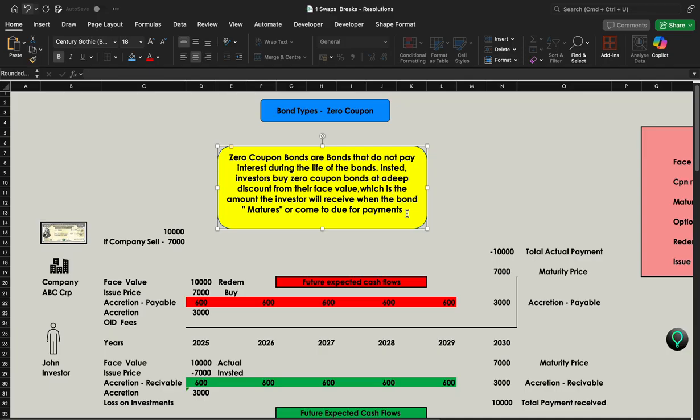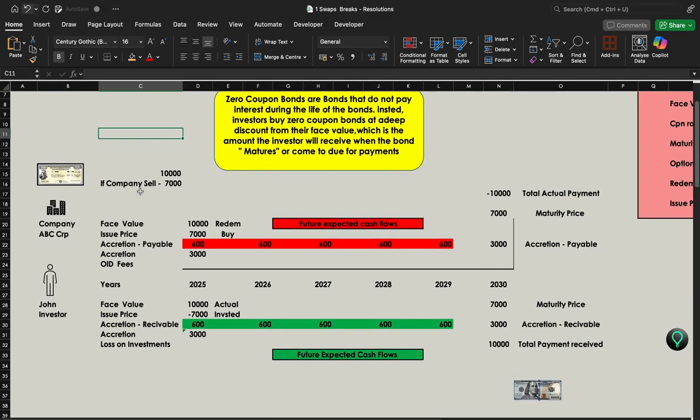So in simple terms, if you ask how a zero coupon bond works, let's take an example. The actual face value of a bond is 10,000, but the issue price of the bond is 7,000.